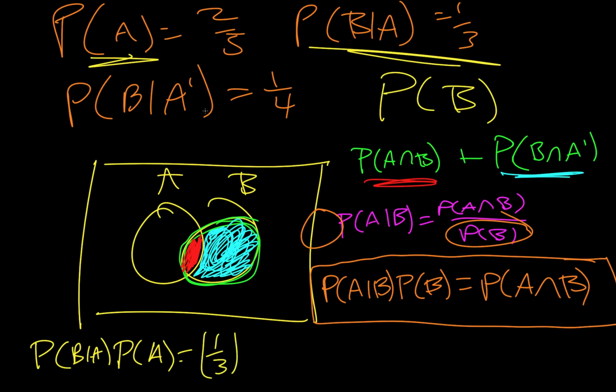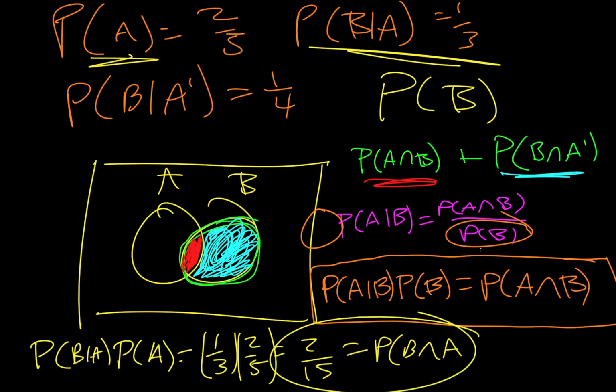And then P of A is 2/5. And so if we multiply those, we get 2/15 for the intersection of B and A. So in other words, this is the red portion on the Venn diagram.